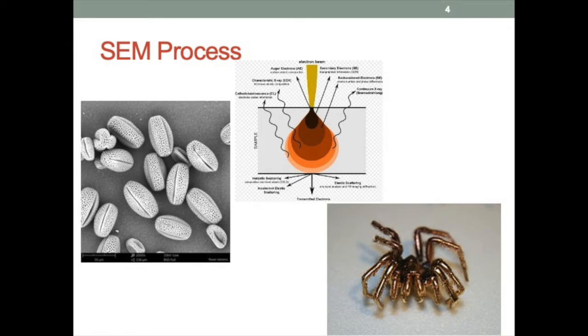There's a special machine that you can put your specimen in. Usually you tape your specimen to a knob piece, and then you put it into the machine, and it layers everything in a fine coating of gold. At the top there's an electron beam that scatters electrons everywhere.